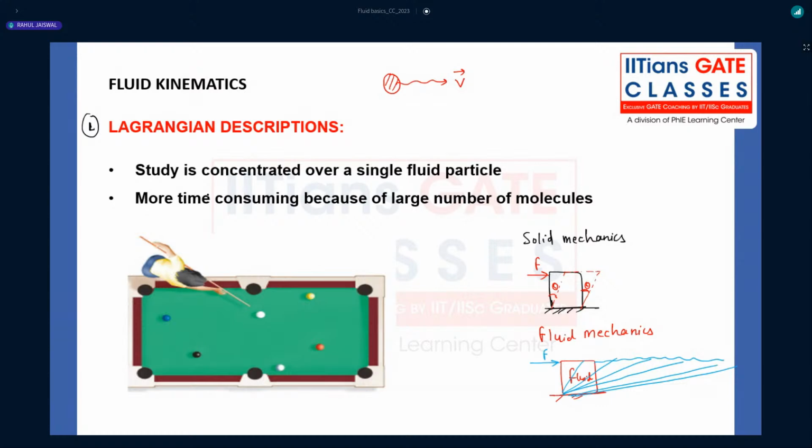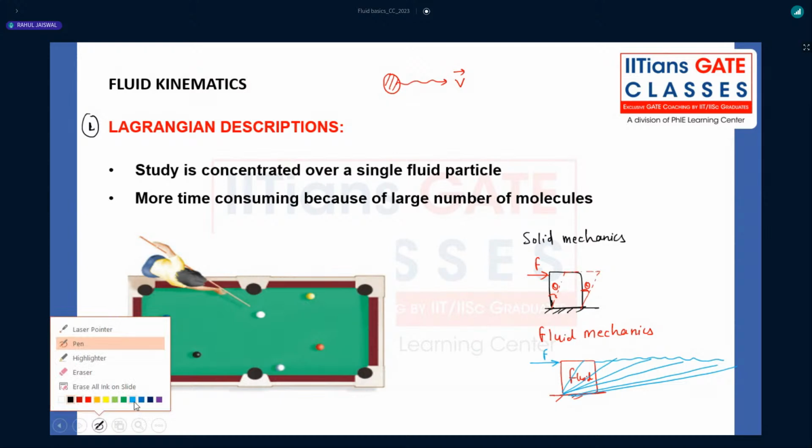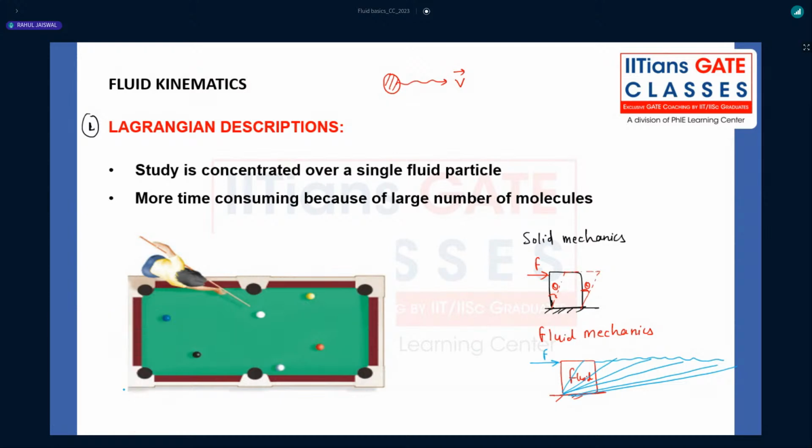We are going to look at fluid mechanics in two ways: one is the Lagrangian point of view, the second is the Eulerian point of view. What is a Lagrangian description? Just now focus on this. In this first Lagrangian description, when you try to focus your attention, I'll give a very simple example of a pool table.